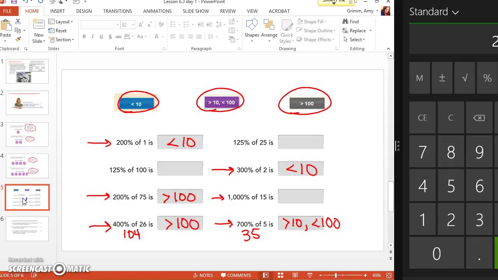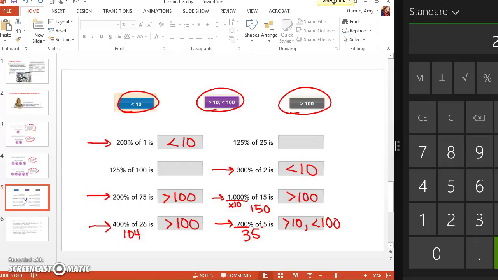Not 1,000% of 15, but this is 7 times 5, right? So this would be 10 times bigger. So this would be 150. That makes sense? So that one would be greater than 100.